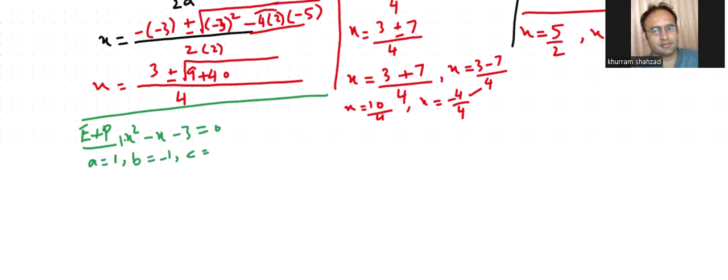So we will write here the quadratic formula: negative b plus minus square root of b square minus 4ac, divided by 2a.